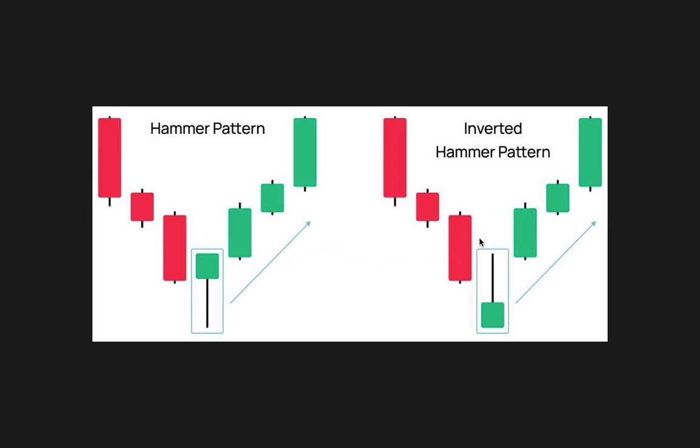Now this is the inverted hammer pattern. When the market is going down, like in a downtrend, and there is a change or reversal, like the market wants to change direction, you will see something like this. If it opens, we have the high here and the body.